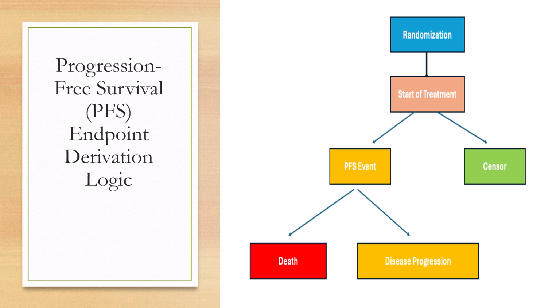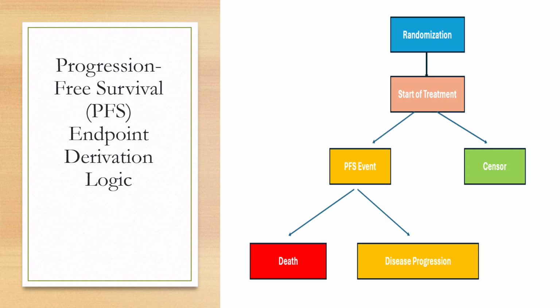If an event happens which is considered a progression of the disease, then that is one of the cases of the PFS event. The other event is death. If the patient dies before progression occurs, death is also considered an event, and the PFS ends at the date of death.